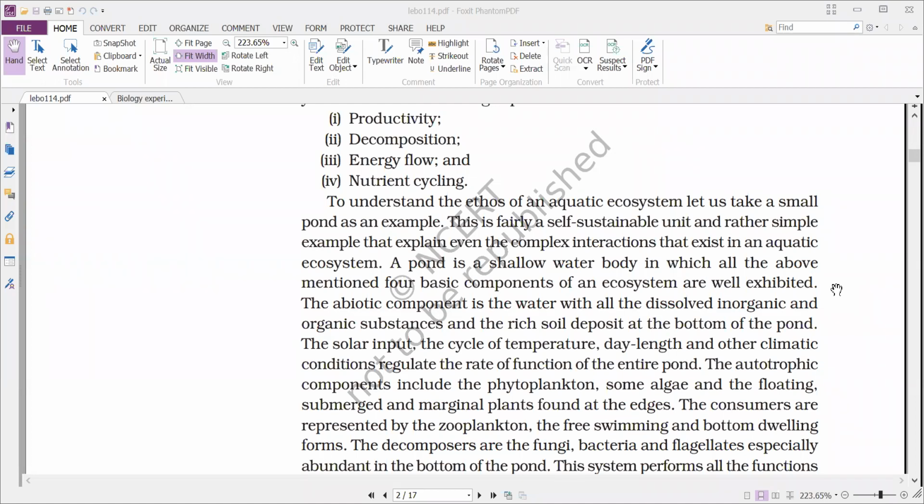So in a pond ecosystem, which is simple and small, it still shows all the components we have discussed: productivity, decomposition, energy flow, and nutrient cycling. The basic components observed in any ecosystem are all observed in this pond ecosystem.